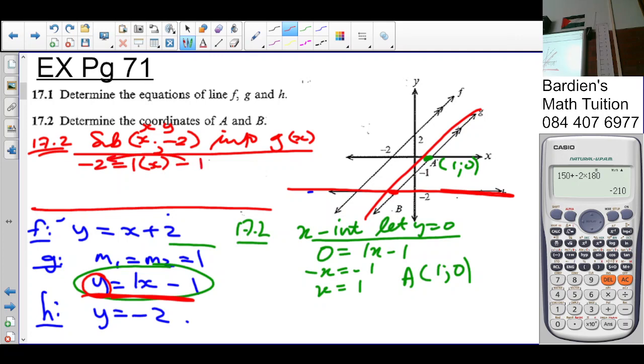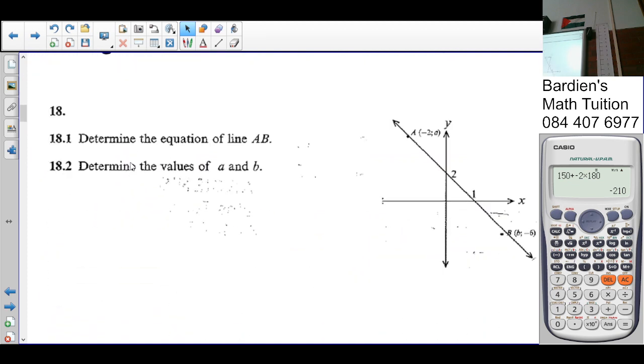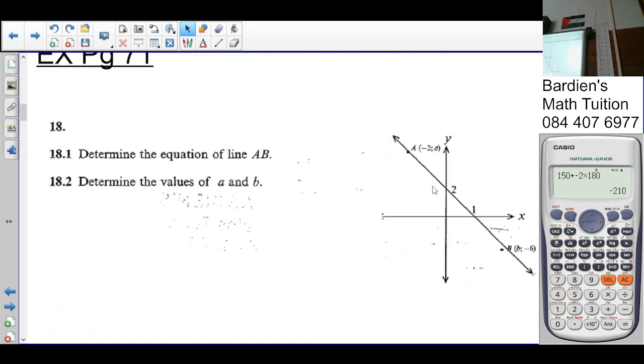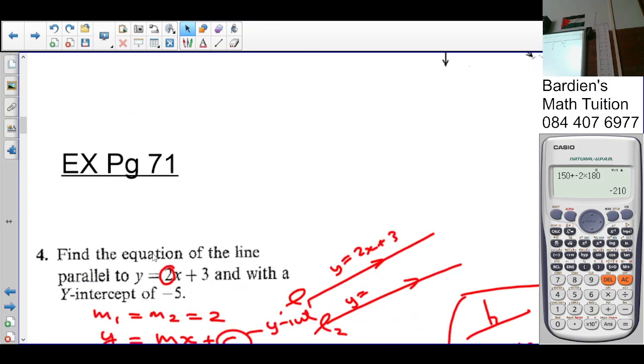Negative 2 plus 1 is negative 1. So therefore B is going to be (-1, -2). Okay. That is very similar to the questions that we have done here. You first work out the equation using those 2 points, and then you substitute the coordinates of A and B in afterwards.